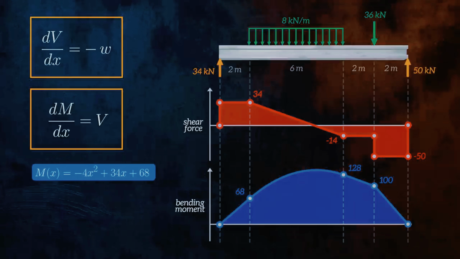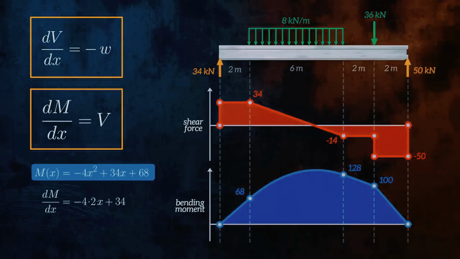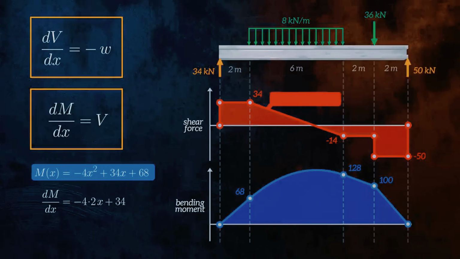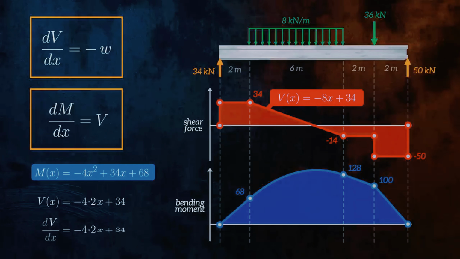If we differentiate this equation, we get -8x plus 34, which based on the dM over dx equation above, we now know is the equation for the shear force curve in this section of the beam. If we differentiate again, we get -8, which is the equation for the distributed force. This is a great way to sense check your shear force and bending moment diagrams.